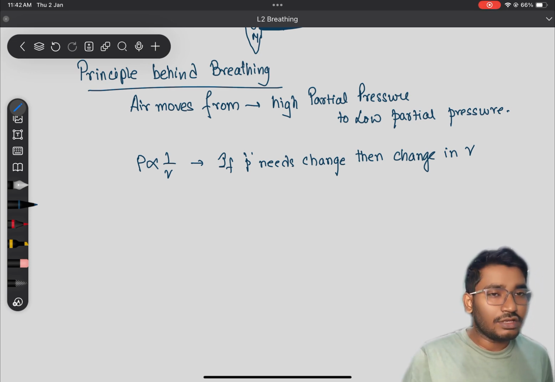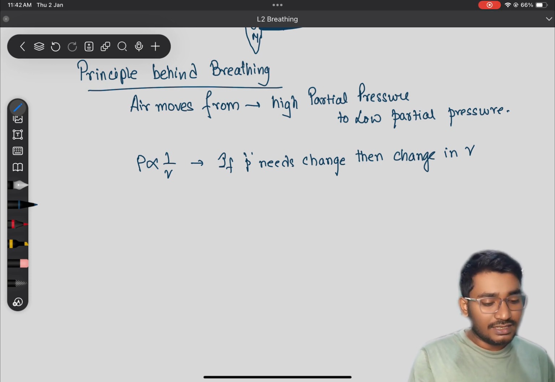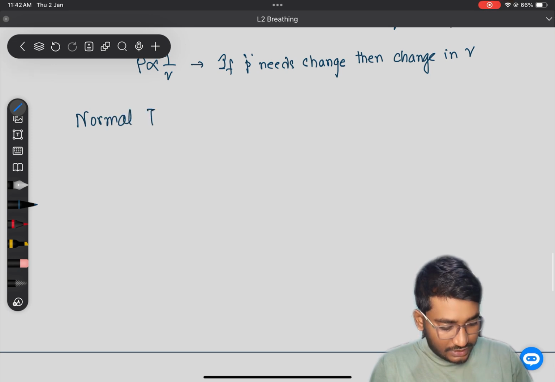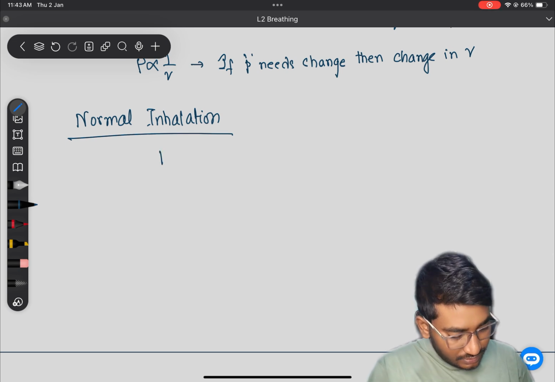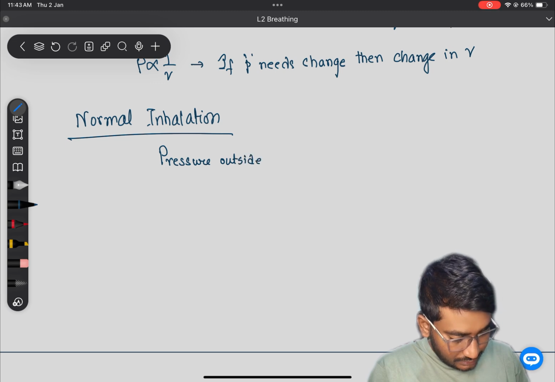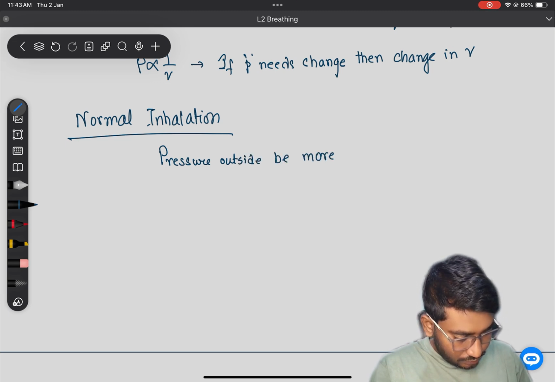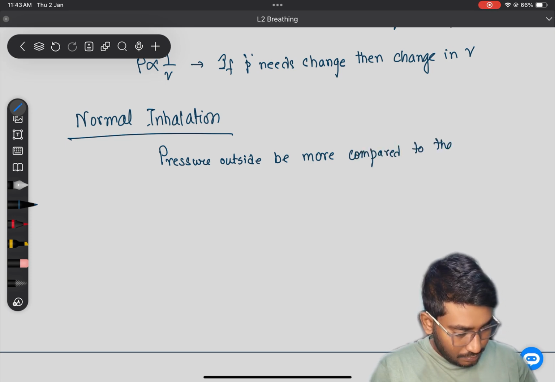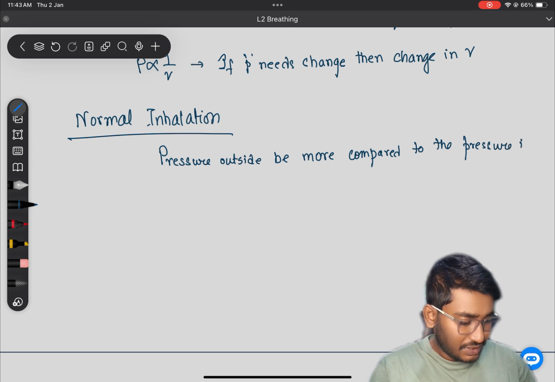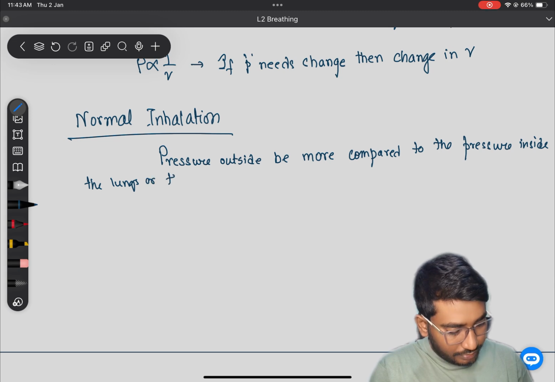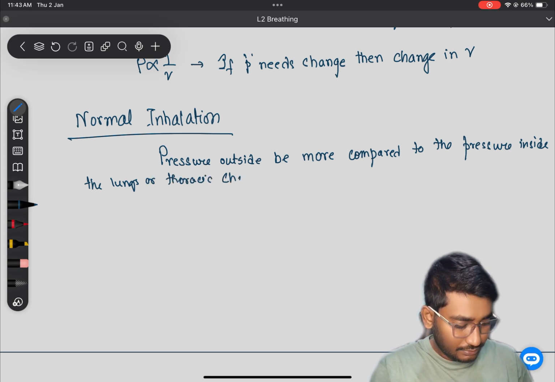What is normal inspiration? In normal inhalation, the pressure outside must be more compared to the pressure inside the lungs or thoracic chamber.